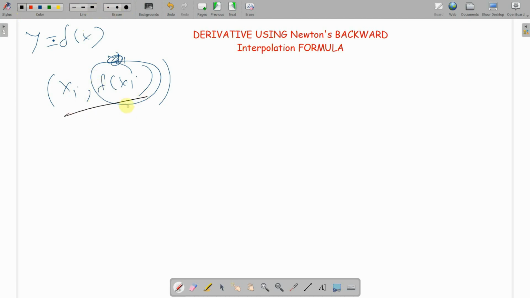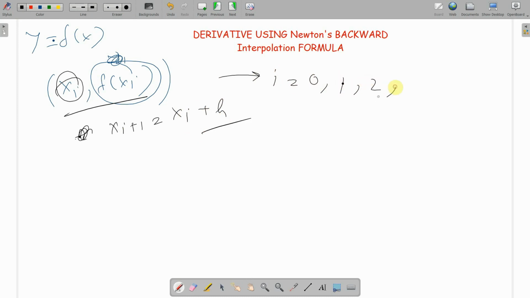These data are equispaced, so x(i+1) equals xi plus h, where i goes from 0, 1, 2, up to n.